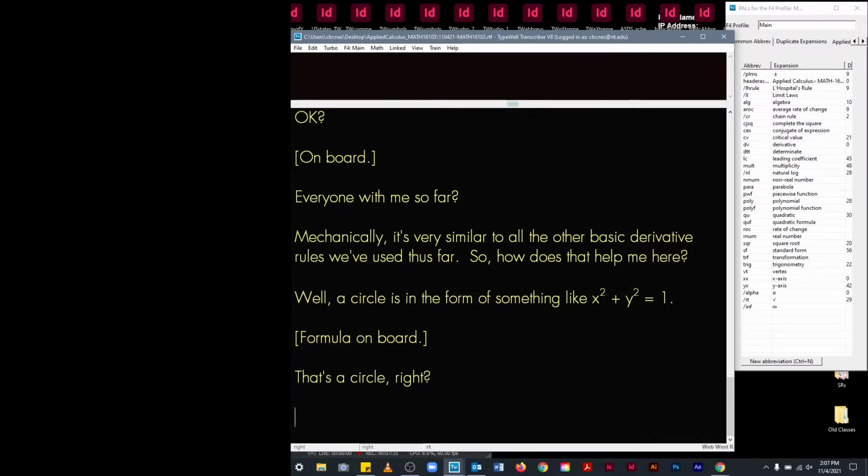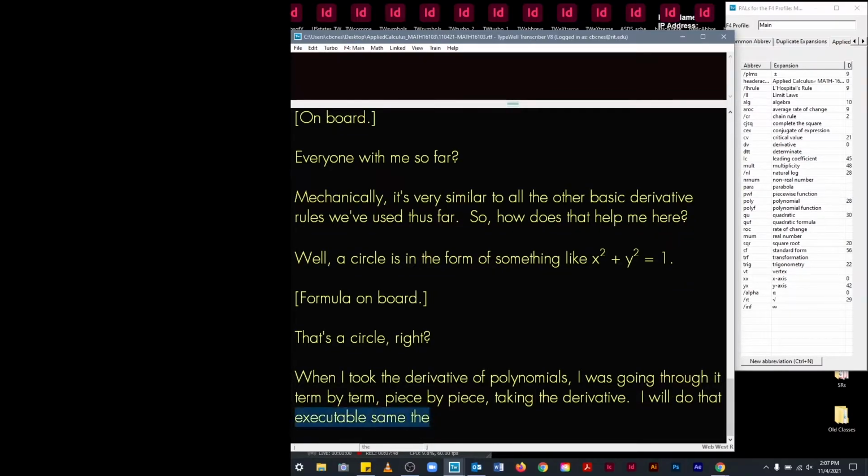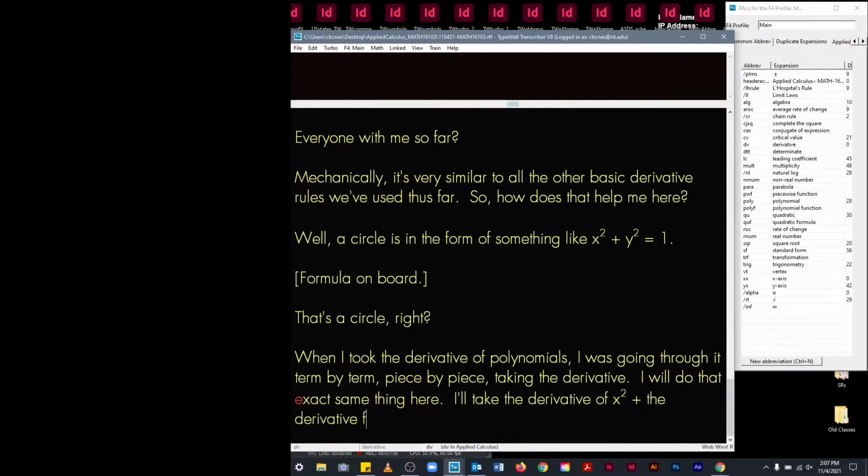Now, when I was taking the derivative of polynomials, I was just going term by term, piece at a time, and just taking the derivative of each individual piece. I'm going to do the exact same thing here. I'm going to take the derivative of x squared plus the derivative of y squared, and that's going to equal the derivative of 1.